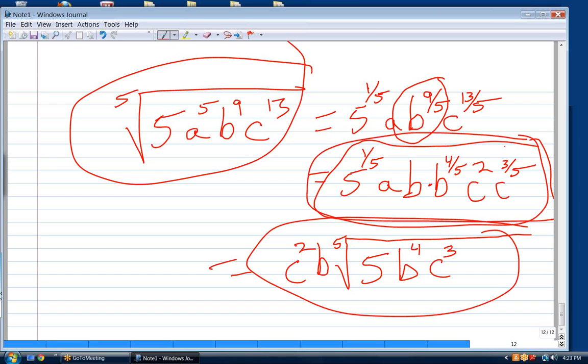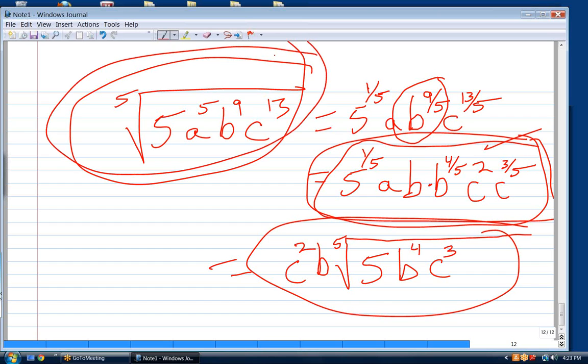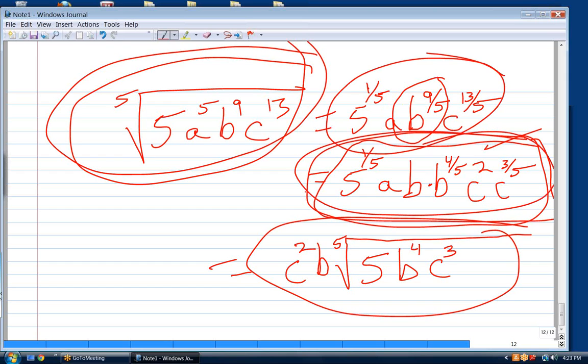And you might not even lose points on a test if you gave that as the final answer. But usually what I've found is that if they start in radical format, they want it ending in radical format. If they start in exponential format like this, then you could leave this as a final answer, exponential format.